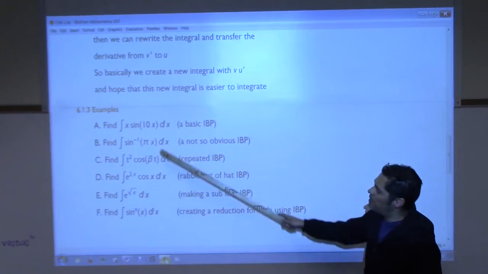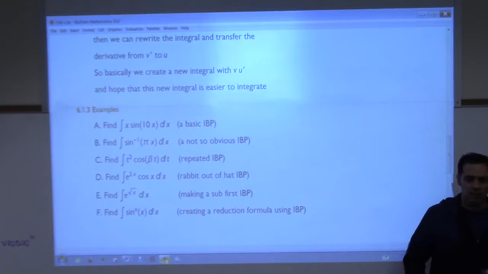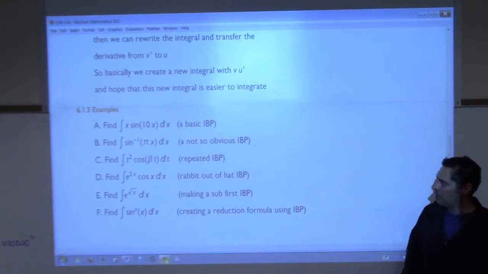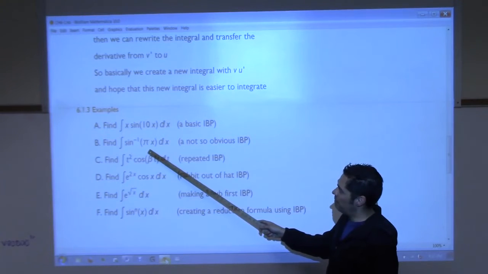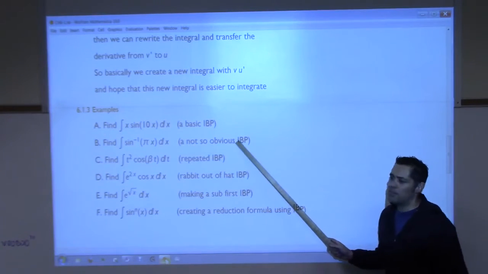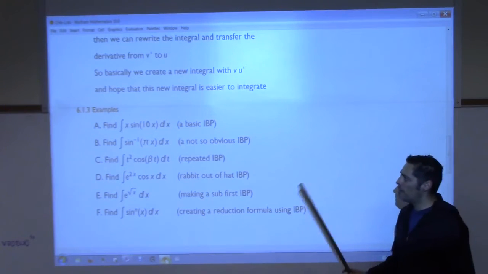The first type that we did, we just had to use integration by parts one time, and it was all over, right? Everything was beautiful. This arc sine of pi x we just did, right? This is not such an obvious integration by parts because dv is dx, so it's not so clear.